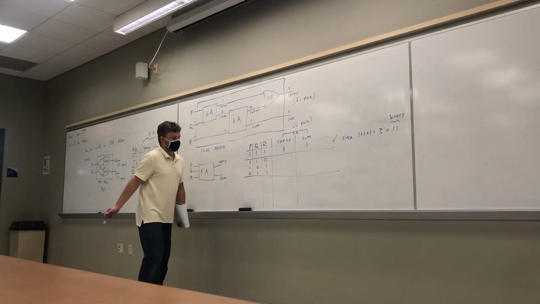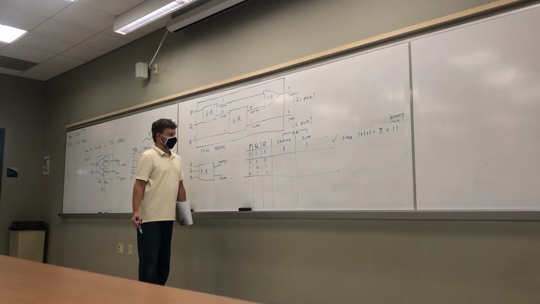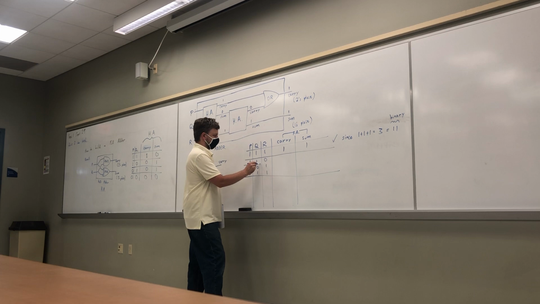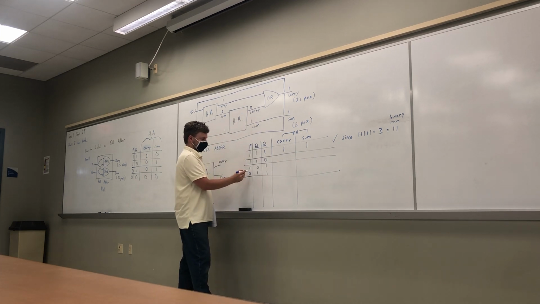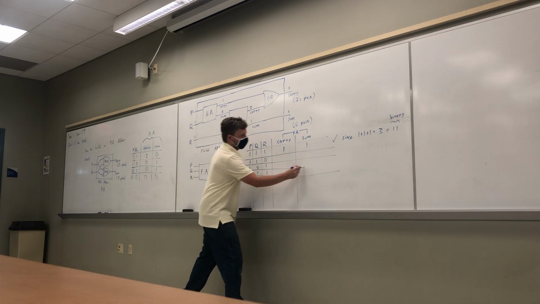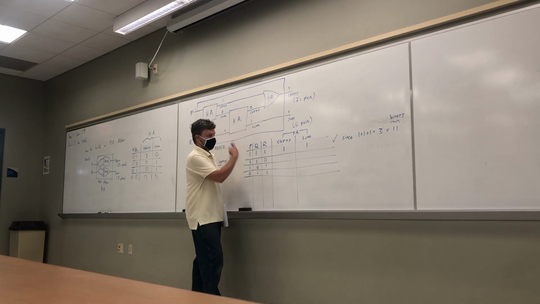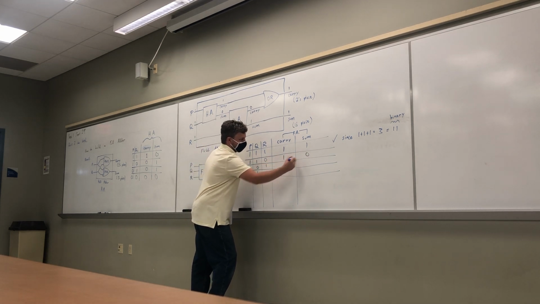So actually, all 3 of those are going to give you the same carry and sum, because they're all adding up to give you 2. 1 plus 1 equals 2. So you can try them on the circuit, but they will give you each carry of 1 and the sum of 0.